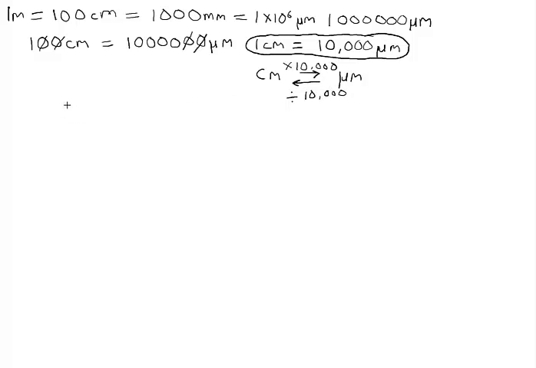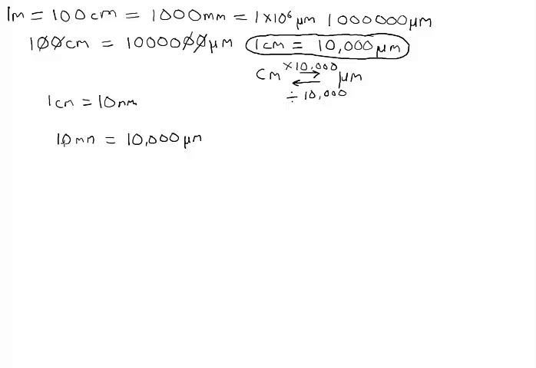Now, also remember that 1 centimetre is 10 millimeters. So that would mean that also 10 millimeters would be the same as 10,000 micrometers.